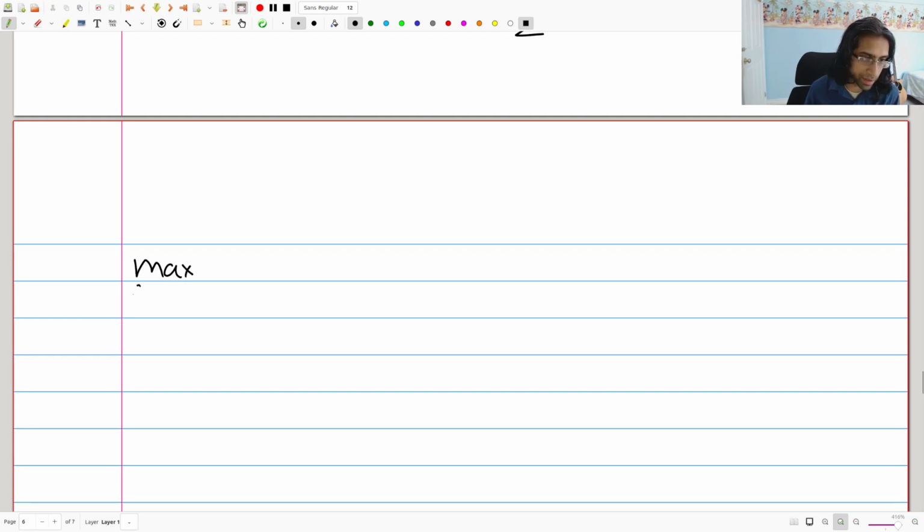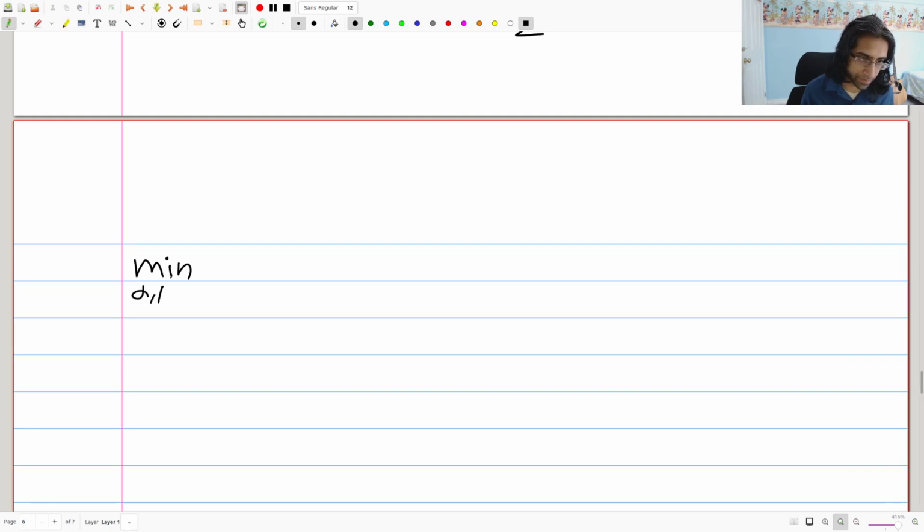We have a max over alpha and beta. In fact, let me just negate this and turn it into a minimization problem, just because that's what you see more often, and it's perhaps the final form that we're going to go for.